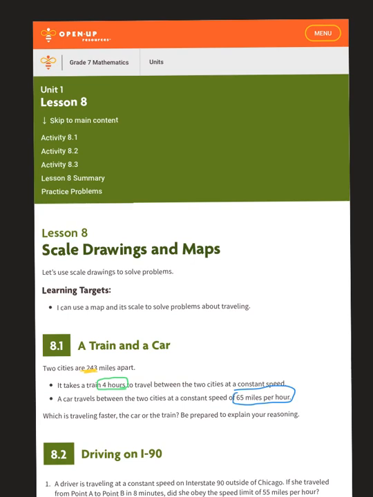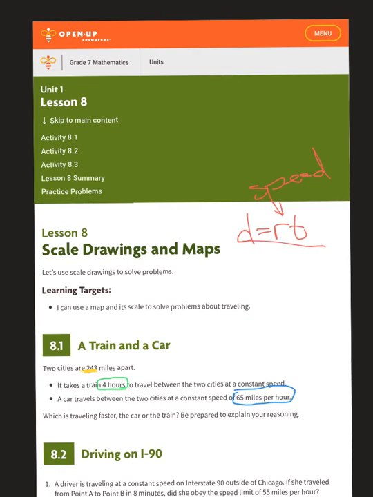Well, we have what's called the distance formula. The distance formula is distance equals rate times time. So my rate is how fast I'm going. It's the speed. So I can use this formula, distance equals rate times time, to figure out the answer to the problem.